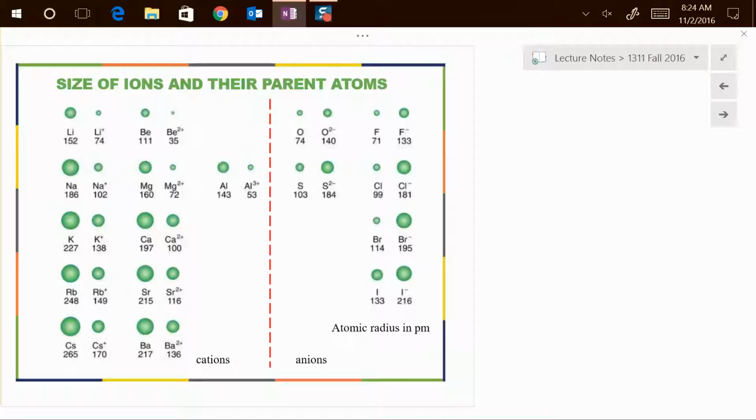So 184, which is bigger than 181. This lost 1, this gained 1, this gained 2. So the protons are outnumbered more greatly here than they are here. Okay? So the more electrons you gain, the larger you're going to become because you're outnumbering your protons.